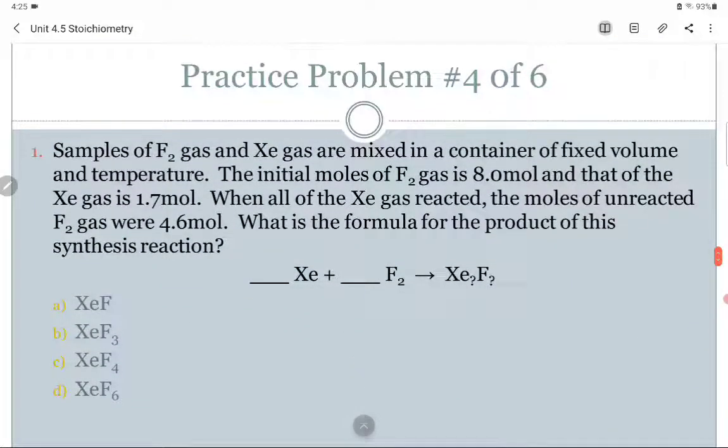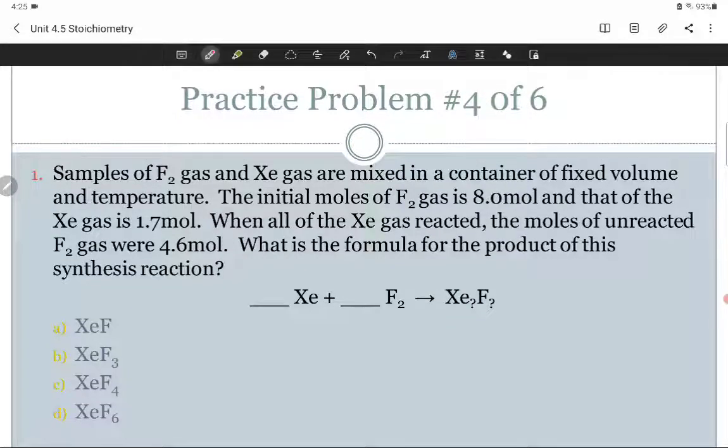I think you were presented with this question in the summer packet, but let's go over this again for sure. ICF table. Lots of words here, but let's try to figure out what's going on with these numbers. Initial moles of F2 is 8.